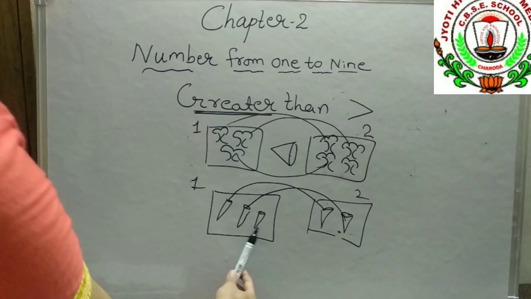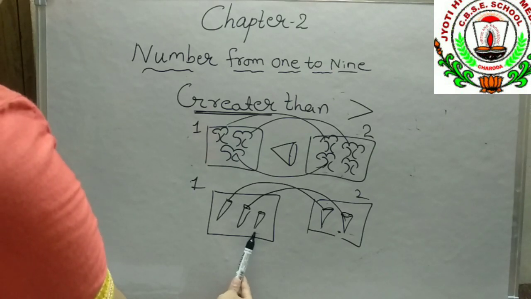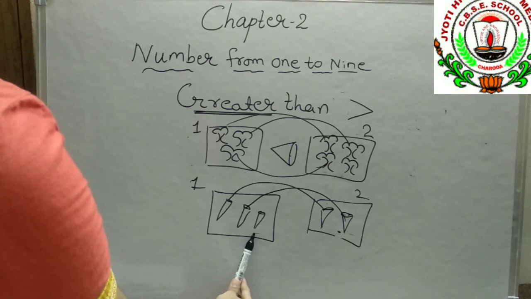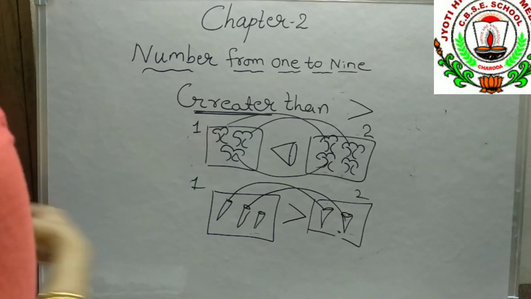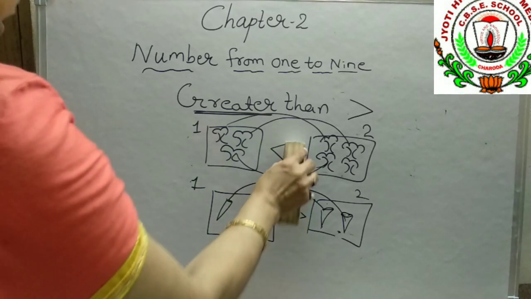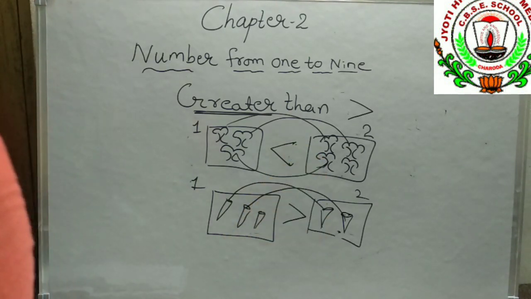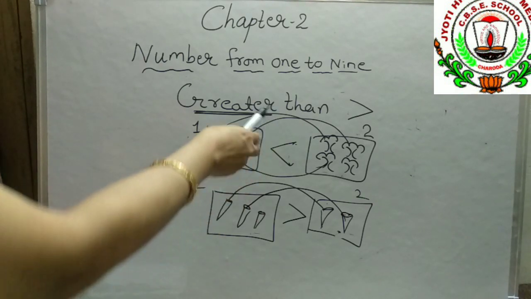Now in which box is the carrot remaining? In the first box the carrot is remaining. So box 1 has greater carrots. So we will put the sign like this. The mouth should be open toward the box which has greater carrots. This is greater than.